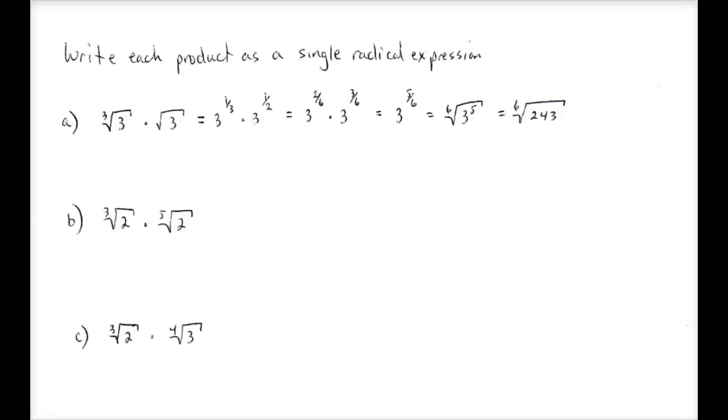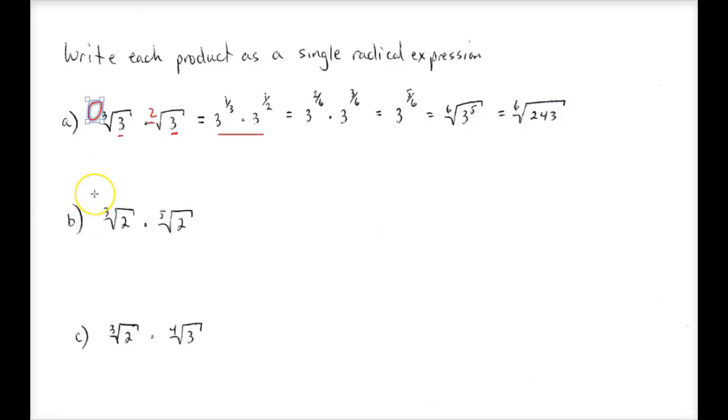So for our first example, we see that the indices are different. This is a cube root, whereas this is an understood square root here. Indices are different, but the radicands are the same. So we could take both of these and change them into their fractional exponent equivalents.